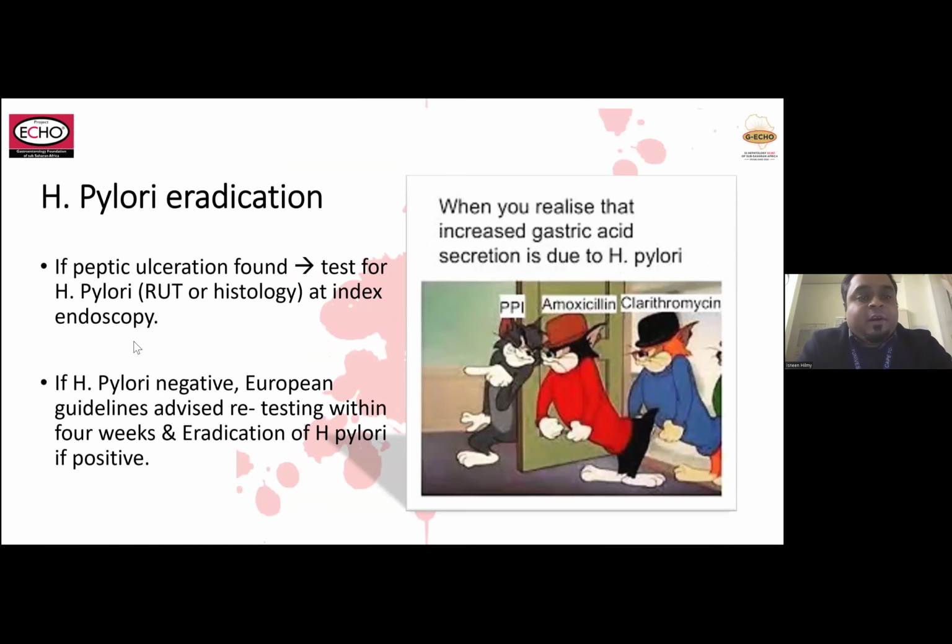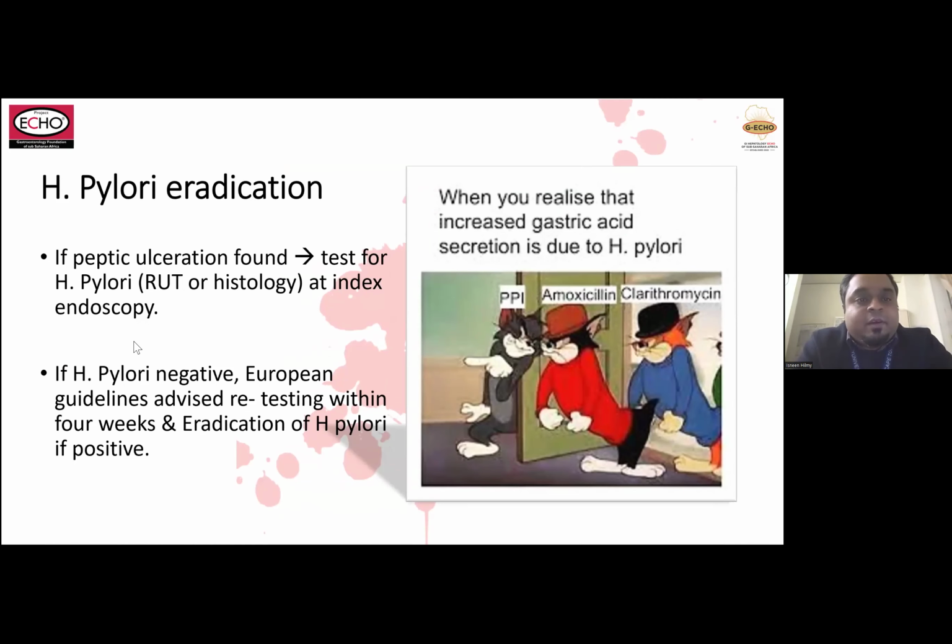And regarding H. pylori eradication, if a peptic ulcer is found, then one would test for H. pylori at the index endoscopy, and you would do either RUT or histology. If H. pylori is found, then we would generally eradicate it.